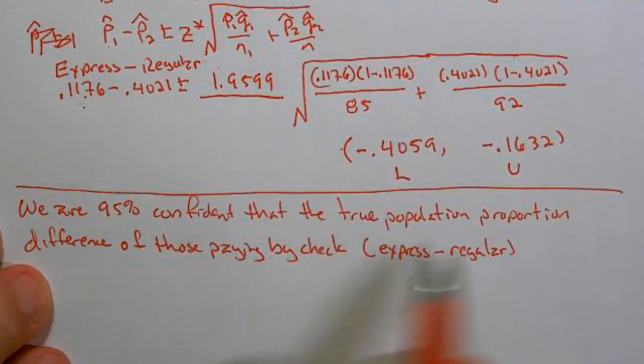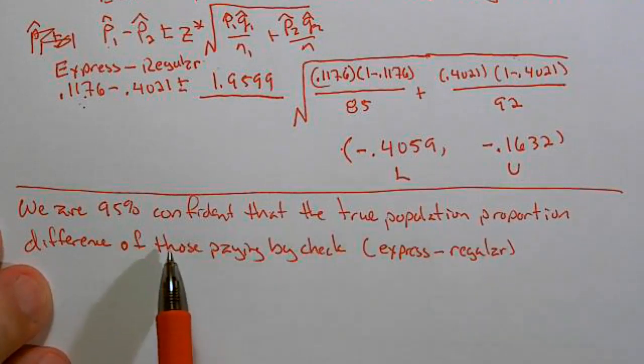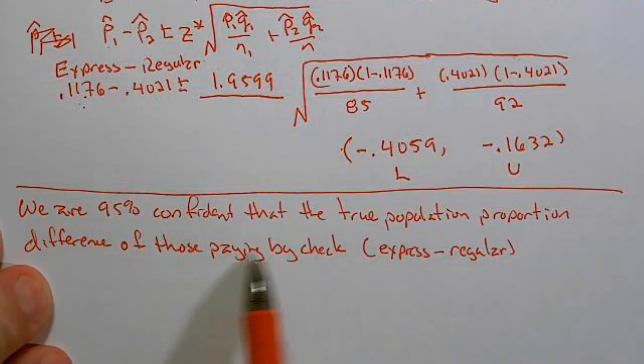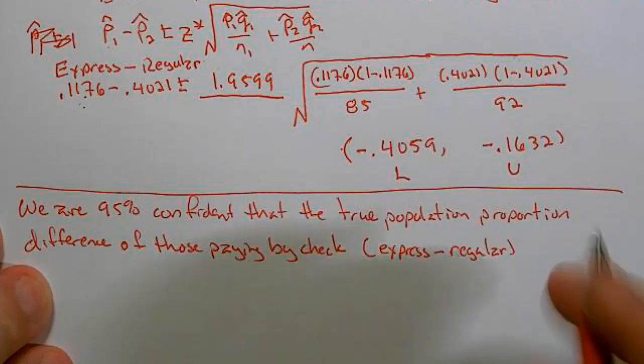Now, you can say the true population proportion of those paying by check in the express line minus those in the regular line, but that takes a lot longer. If you just say paying by check, express minus regular, pretty quick.